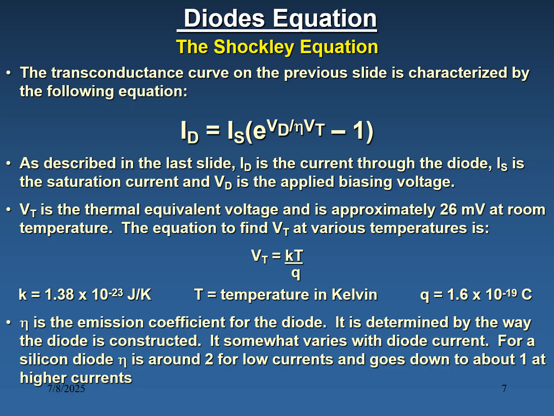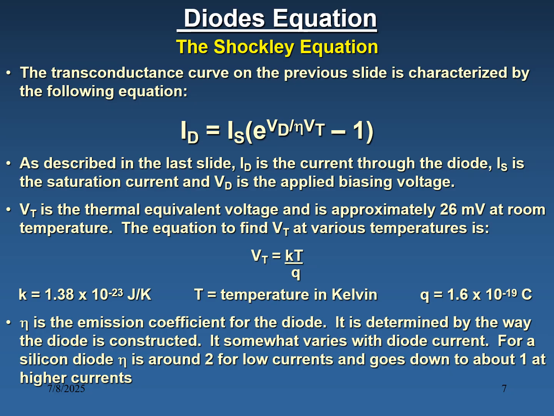In the characteristics we have seen the x-axis is the applied voltage and the y-axis is the current through the diode. Eta is the intrinsic constant, VT is the volt equivalent temperature. VT is equal to kT by q, where q is the charge of the electron, k is the Boltzmann constant, and T is the temperature in Kelvin. This is the ideal diode equation.